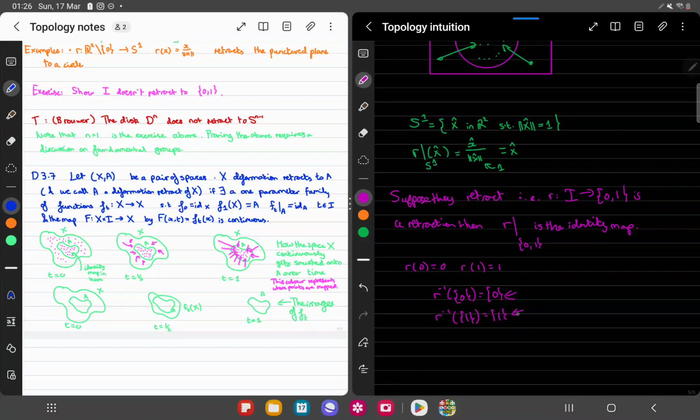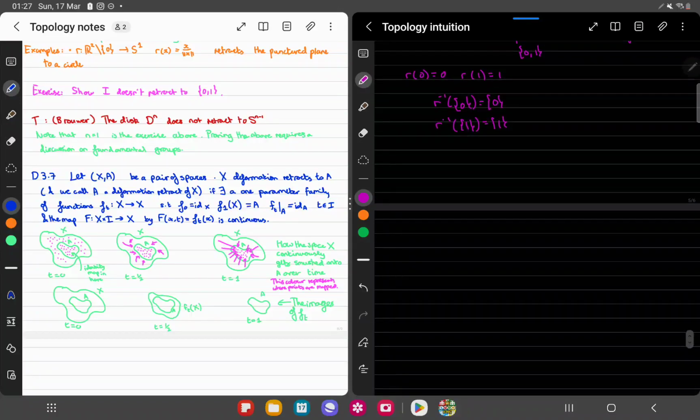But singletons are always closed in I, and pre-images of open sets must be open. Here I'm assuming it's the discrete topology, where the set of all subsets is always open, but singletons in I are not open. So we get a problem here. Any retraction of this form is not continuous, so that suffices.